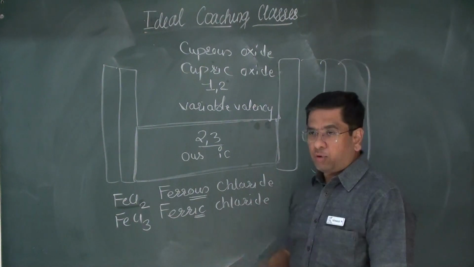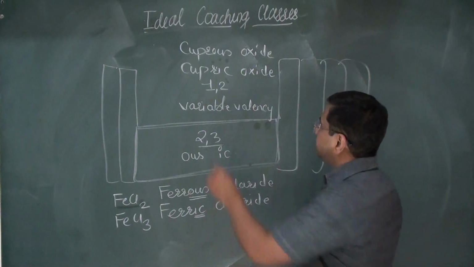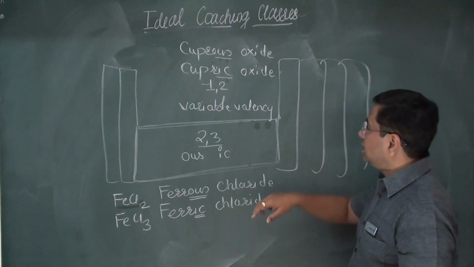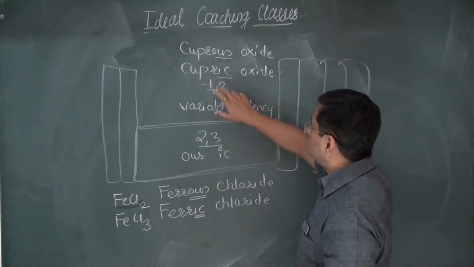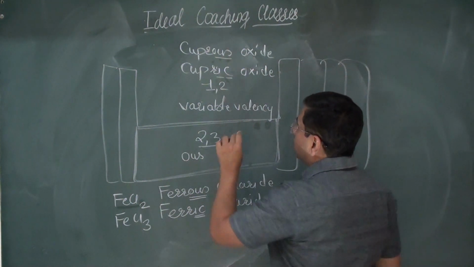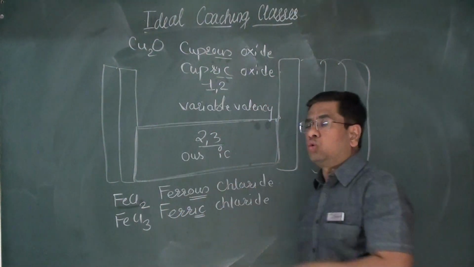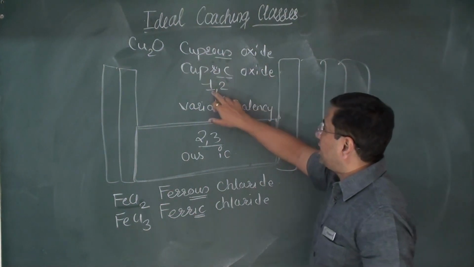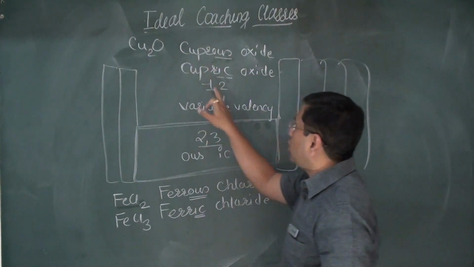But what we have to understand is, in cuprous oxide and cupric oxide, this is OUS and this is IC. The lower valency is OUS valency, so 1, and the upper valency is the IC valency. So cuprous oxide is Cu2O, because oxygen has valency 2 and copper has valency 1 as it is OUS valency, so we need to take 2 copper atoms.